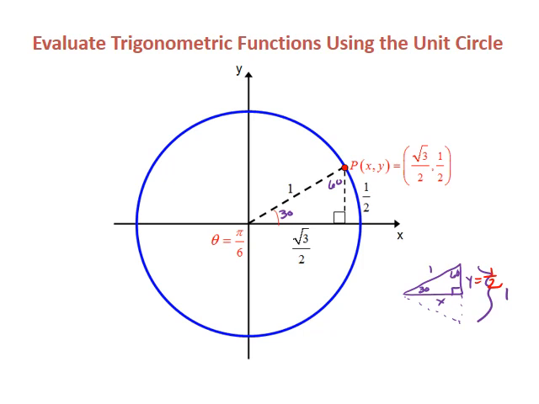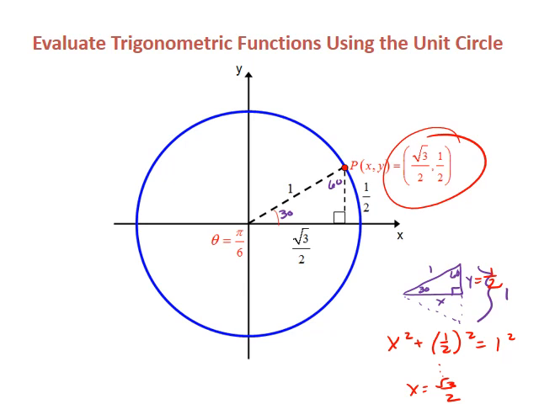If this is 1/2, then you can put this into the formula: x squared plus 1/2 squared is equal to 1 squared. Then you can find that x is √3/2. That's just where these values are coming from.